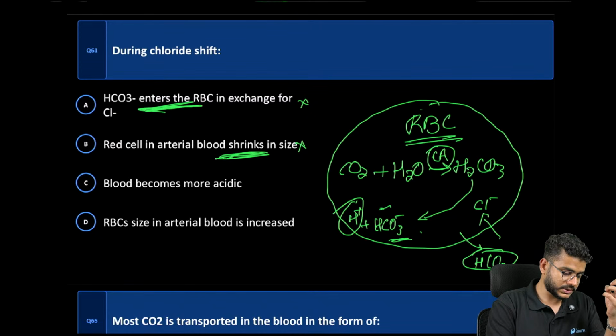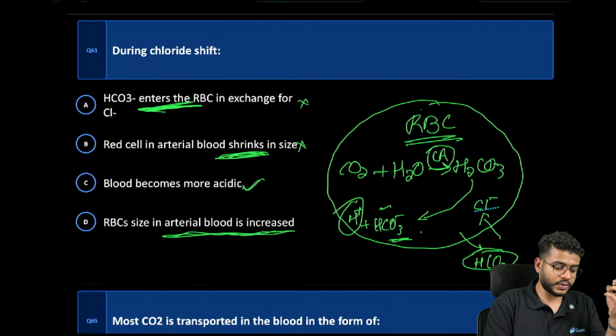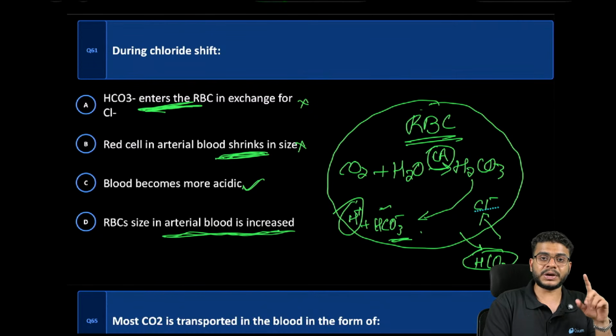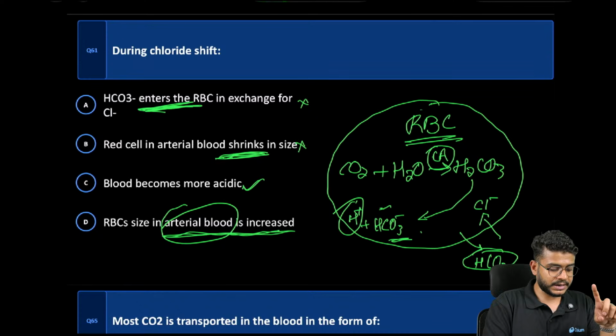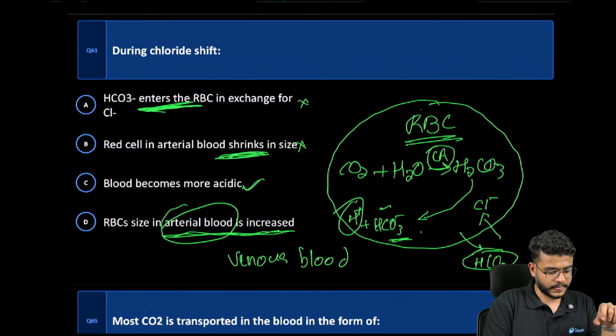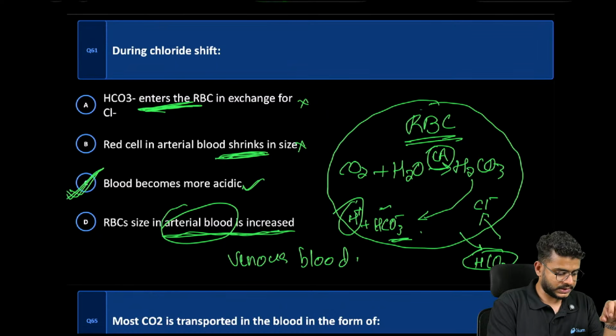So the blood becomes slightly more acidic. What is the last option? RBC size in the arterial blood is increased. No, RBC size is increased, but not in the arterial blood, but in the venous blood. So the option will be C. Clear?